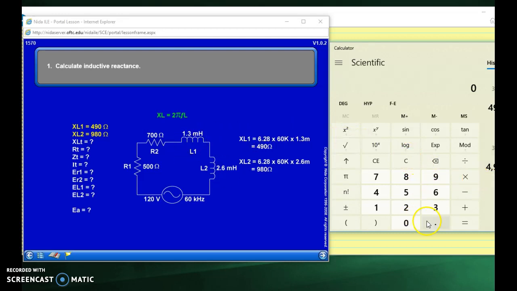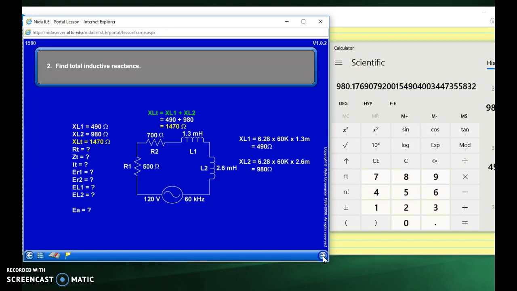It's 2.6, so it's going to be 2 times pi times 0.0026 times 60,000 equals 980. So we got the same answers, we just used units. I just wanted to make sure you understood that those two will cancel out, and if we go back to the base units, we don't have to worry about anything canceling out because we're using the formula as it should be. So we arrived at these two answers, the 490 and the 980, just as they did here.